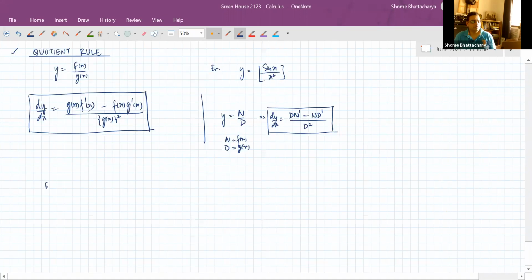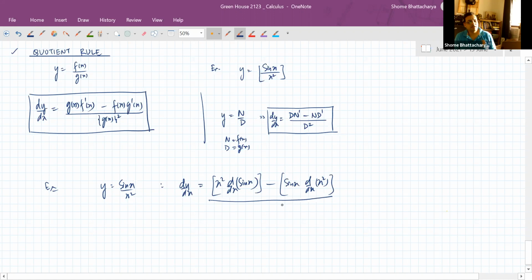So for example, this function that we have y is equal to sin x upon x square, dy by dx will become by this formula denominator, which is x square, into differentiation of numerator, which will become cos x, minus numerator, which is sin x, into differentiation of denominator, which is x square, whole thing divided by the denominator, which is x square whole square.